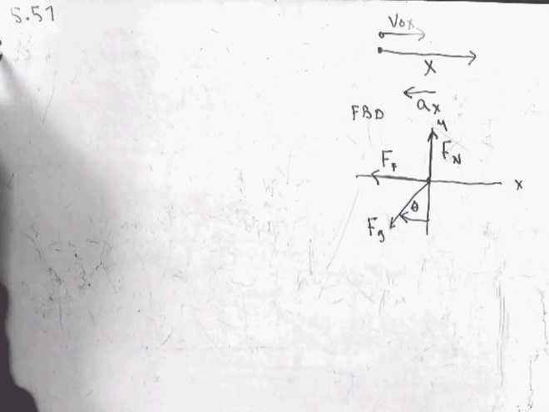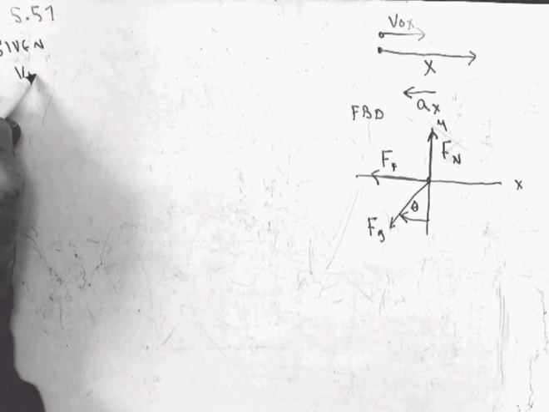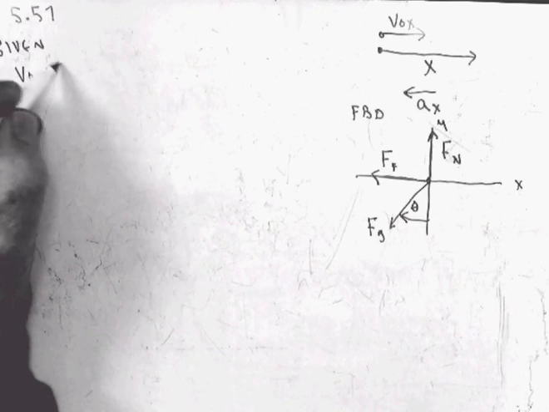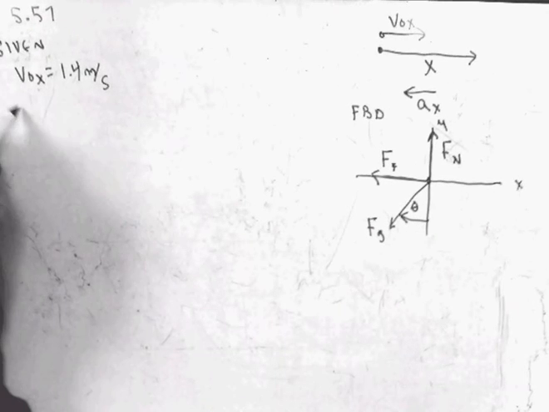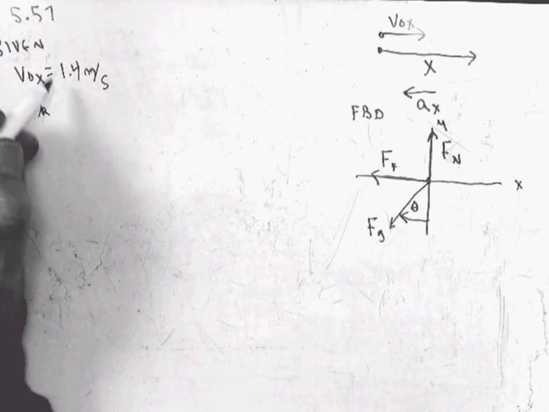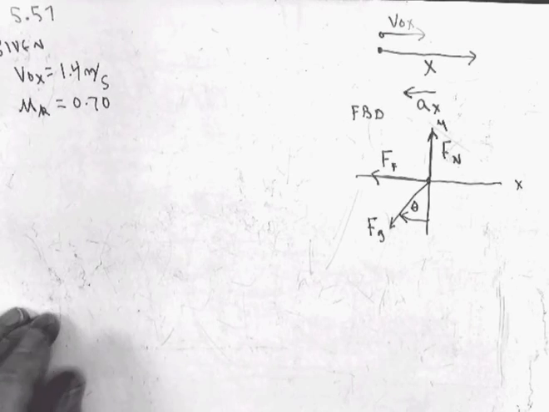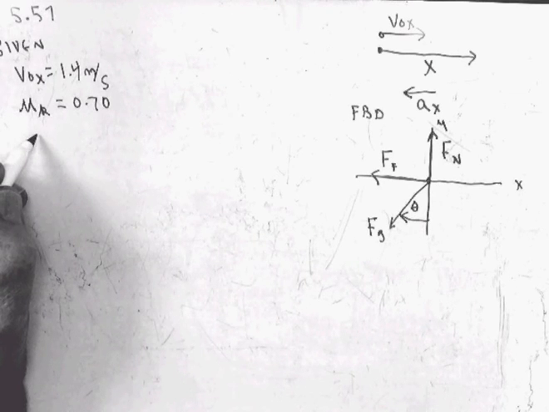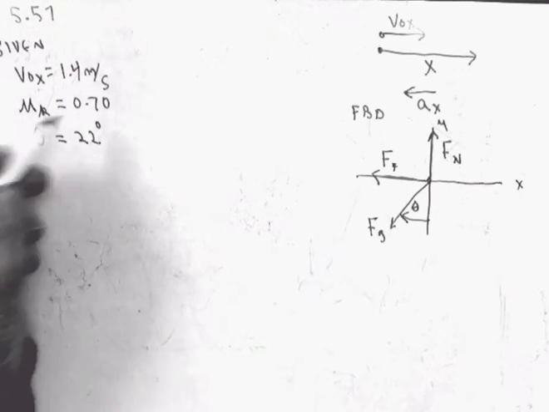Now the given is the initial velocity, the coefficient of friction. This is the kinetic friction since it's sliding. Remember, the static friction will actually be larger than that. And then the angle is 22 degrees.